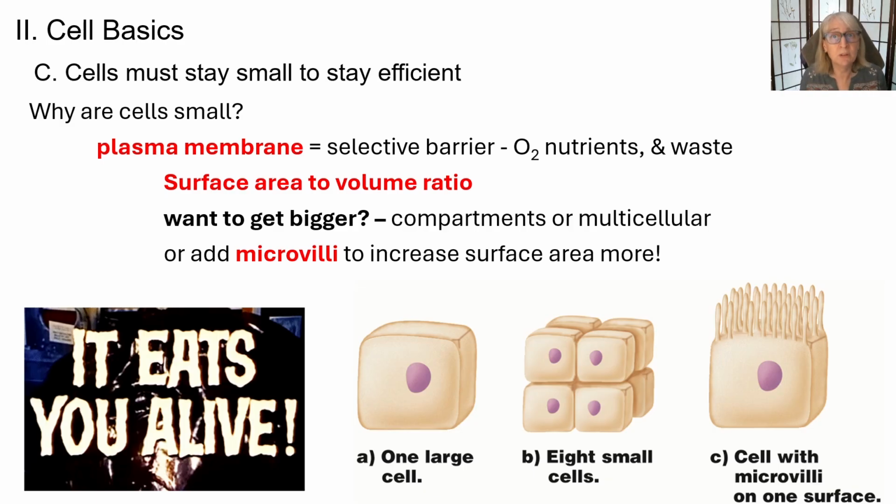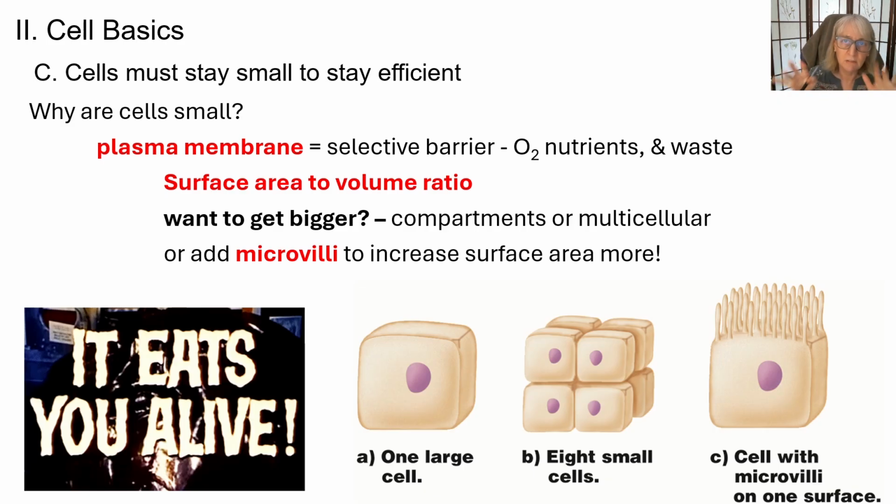Or you can become multicellular, like us, where we got really, really big because we added a lot of different kinds of cells doing different jobs. We have some cells that are specialized in one role or another. We can add little outgrowths to our cell. These are microvilli, like the lining of your intestines actually has all these little finger extensions on it.